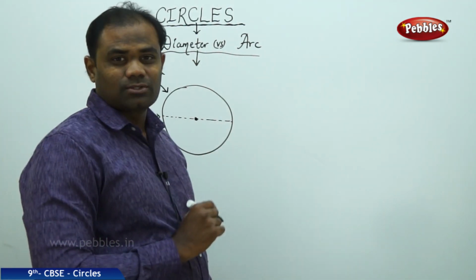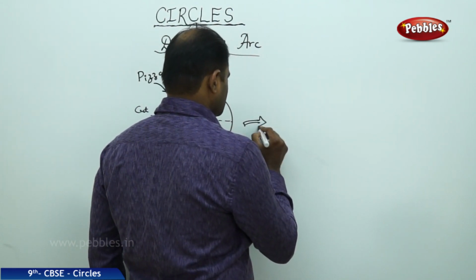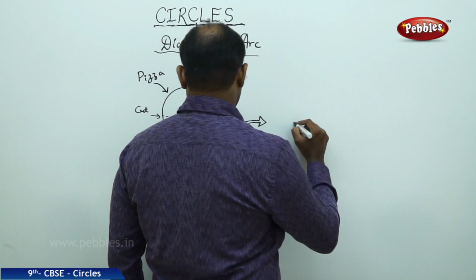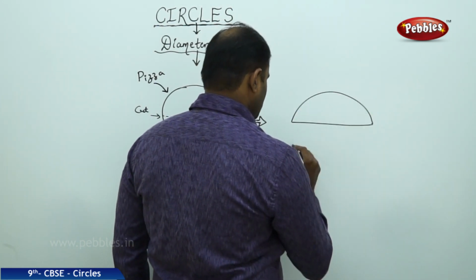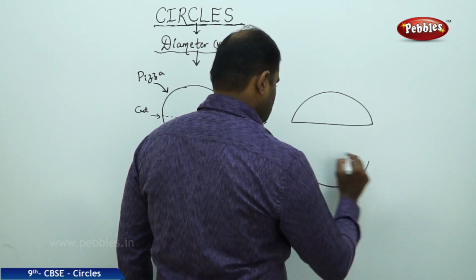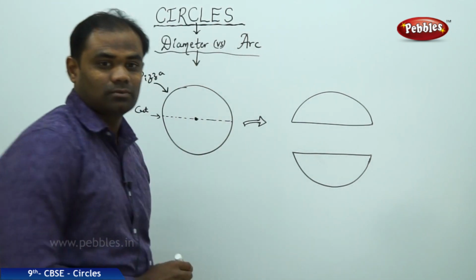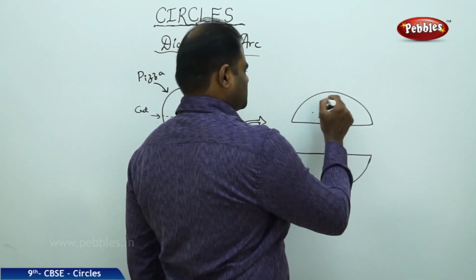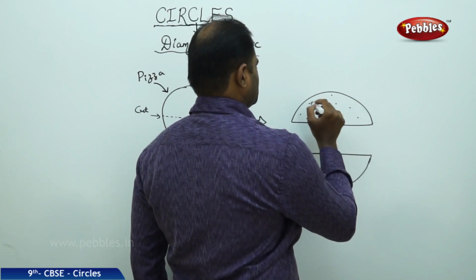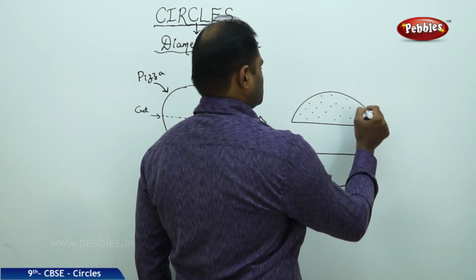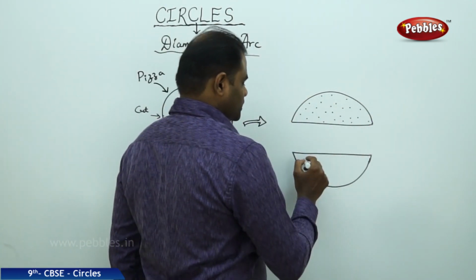So clearly I get two slices of the pizza. So here I get slice 1 and slice 2. So here is the first slice and here is the second slice.